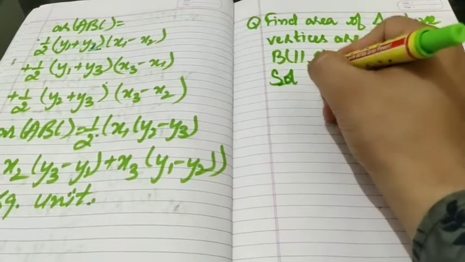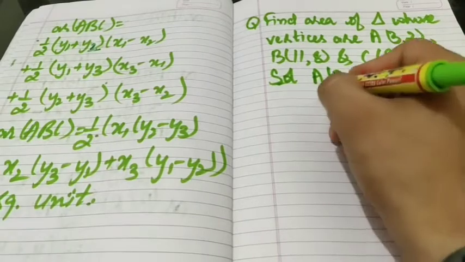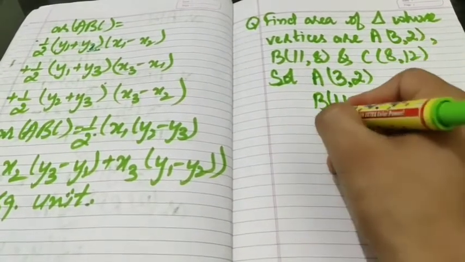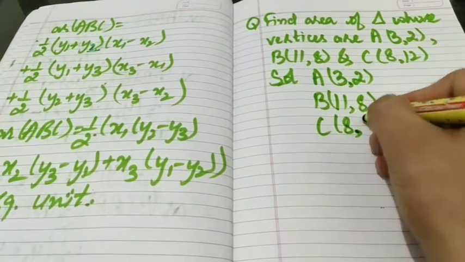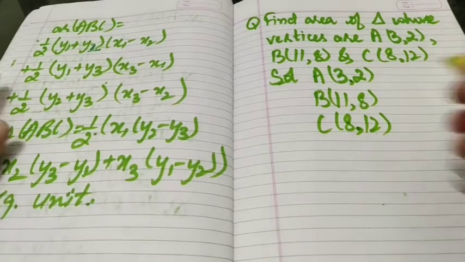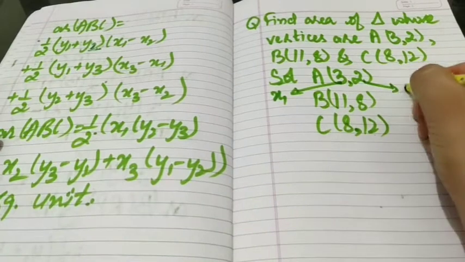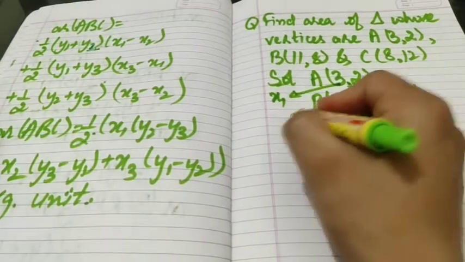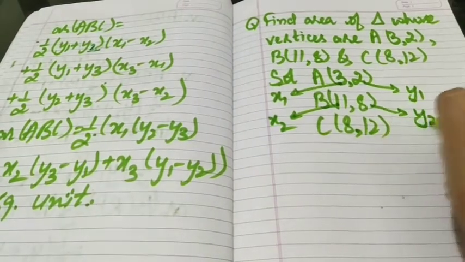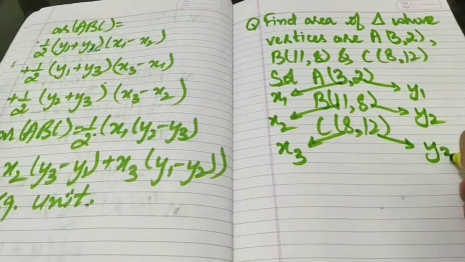We know that vertex A has coordinates 3, 2, vertex B has coordinates 11, 8 and vertex C has coordinates 8, 12. So it is clear that x1 is 3 and y1 is 2. In the same way, x2 is 11, y2 is 8, x3 is 8 and y3 is 12.